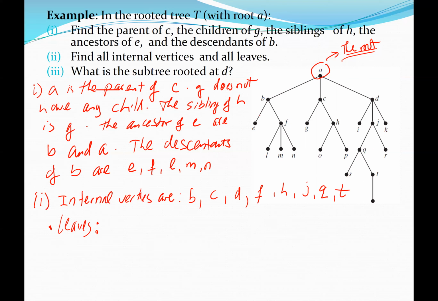So the leaves are the ones that don't have children. So E is a leaf. L, M, N are leaves.